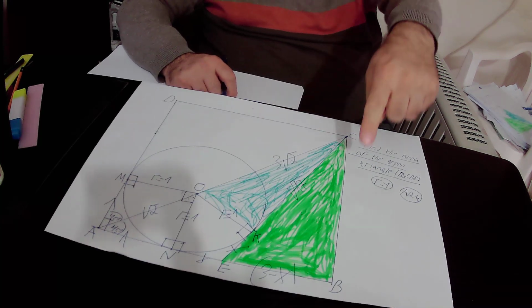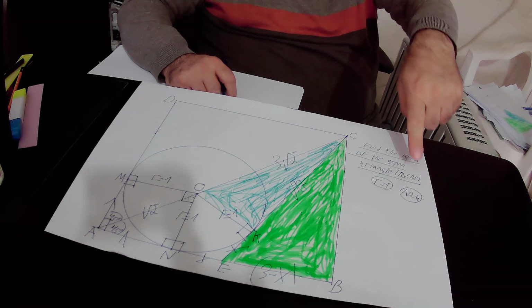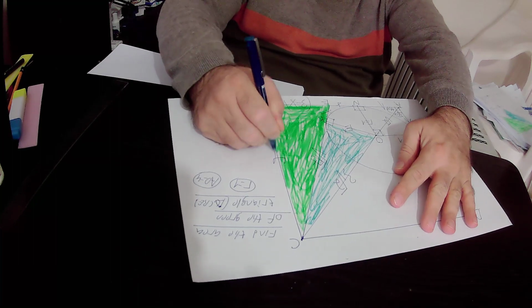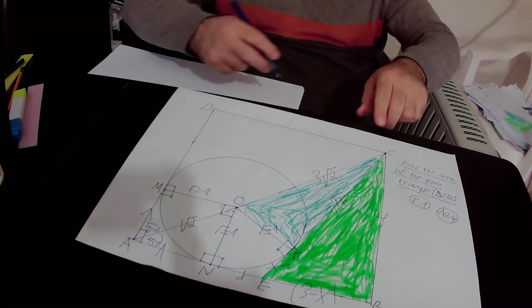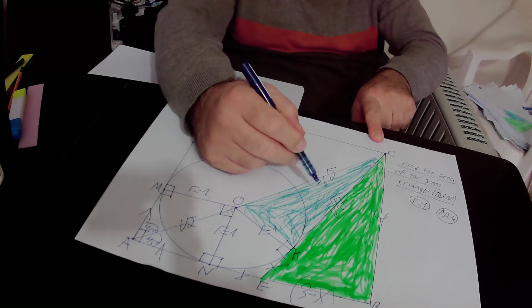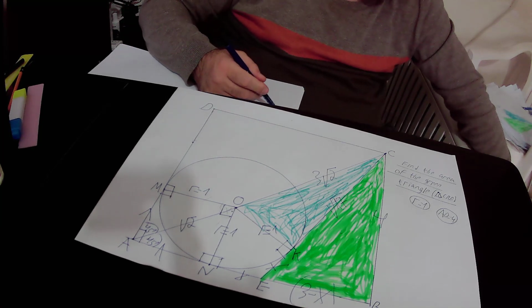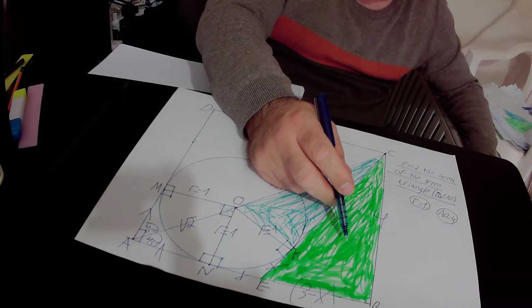And we also know that BC is one side of square ABCD, and all the sides of square ABCD equal 4 units. Therefore, BC equals 4 units. And we have already found out that CE equals square root of 17 plus x. So we will implement the Pythagoras theorem on this green triangle.